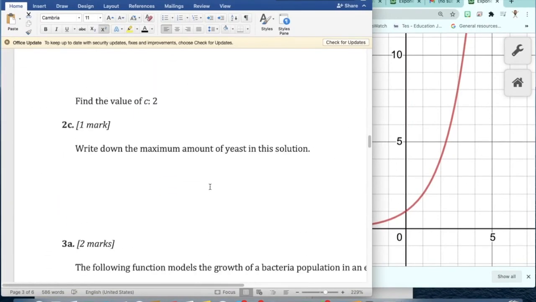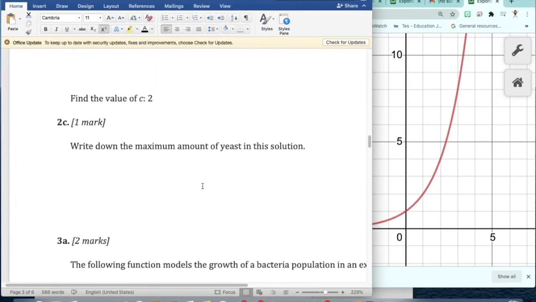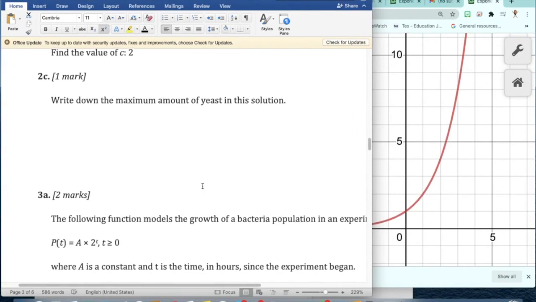So looking at 2c, it says write down the maximum amount of yeast in this solution.